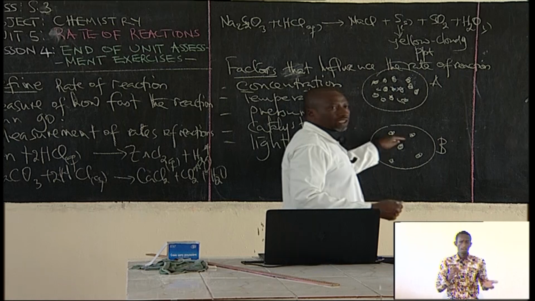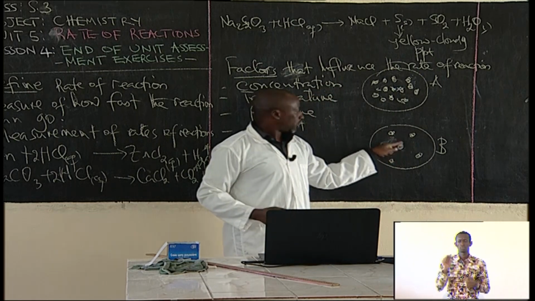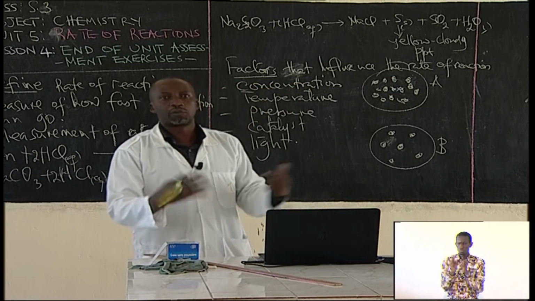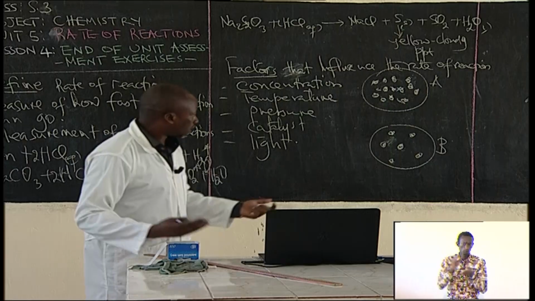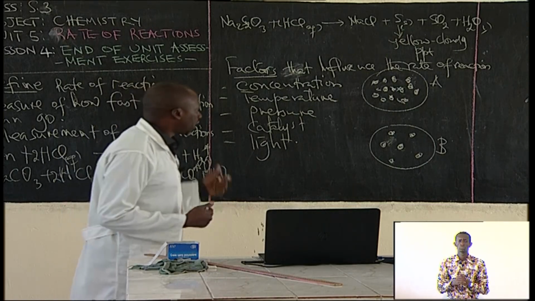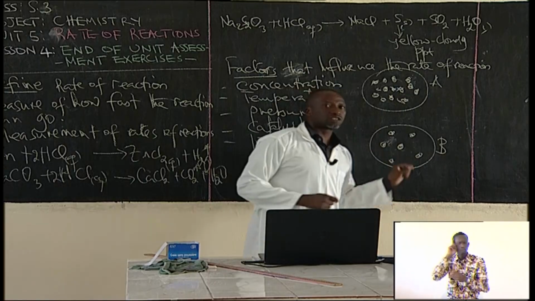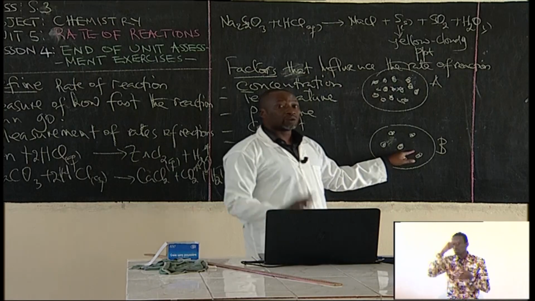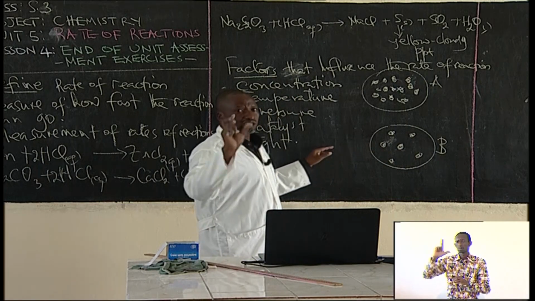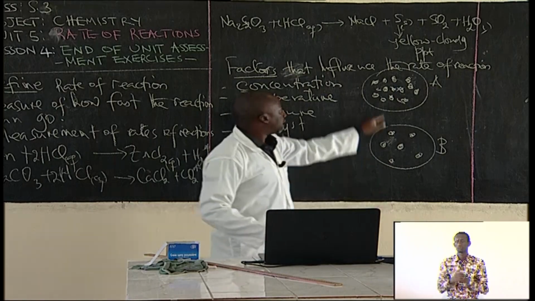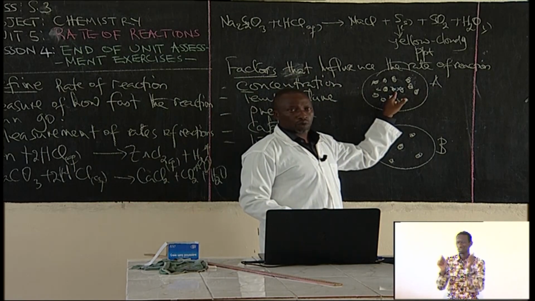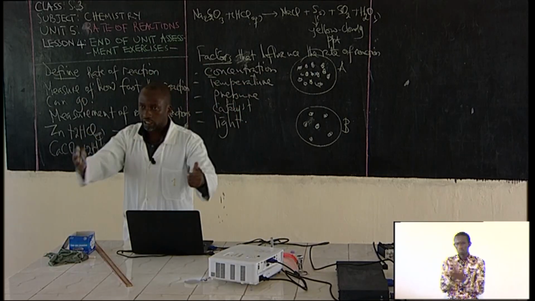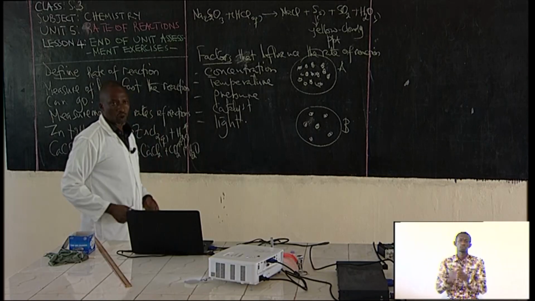Here, there are few particles in B. So the fewer the particles, the lower the frequency of the collisions that may take place. So we expect the reaction here to be slow, because the number of collisions that will take place here will be few. So the effective collisions will be lower. There are more effective collisions within A because of the increase in the number of particles hitting one another.